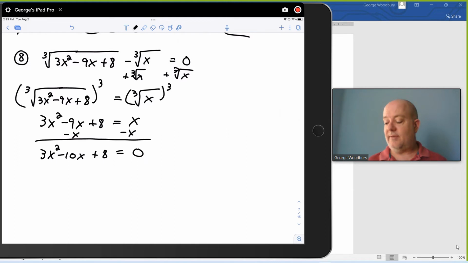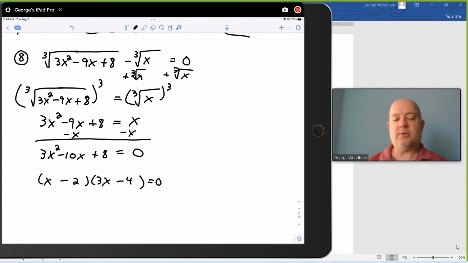I know that if it factors, it would look like x and 3x. The only factors that I can use with 8 are 1 and 8 or 2 and 4. And I'm trying to find some mix that will allow me to add up and get a negative 10x. And let's see, this is the one that should do it.